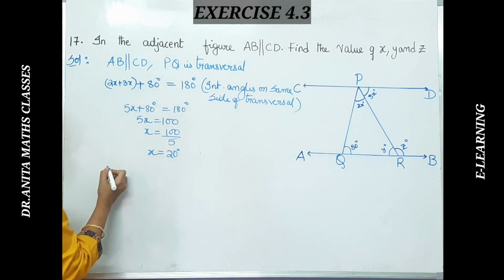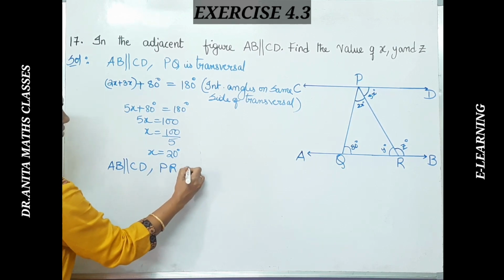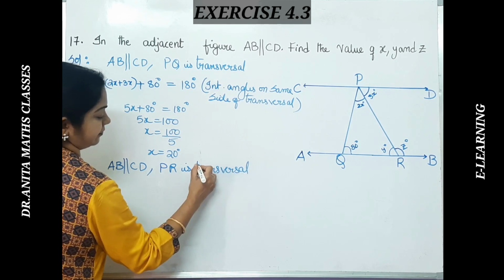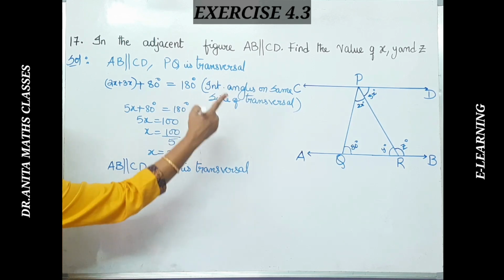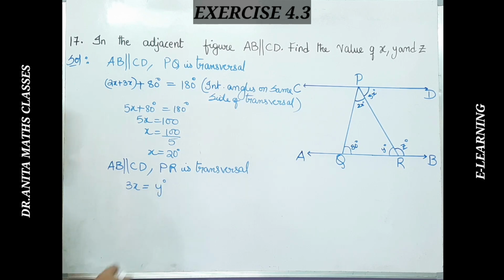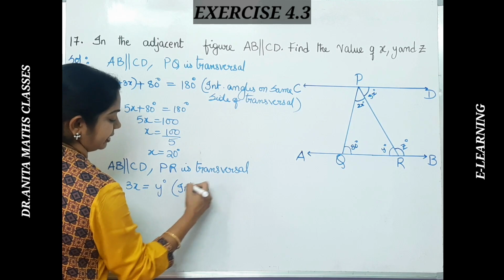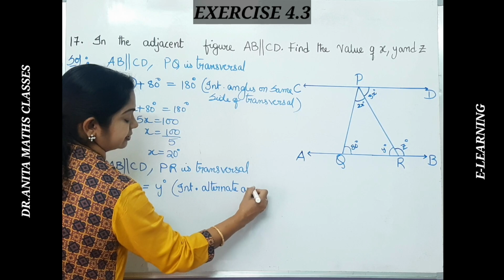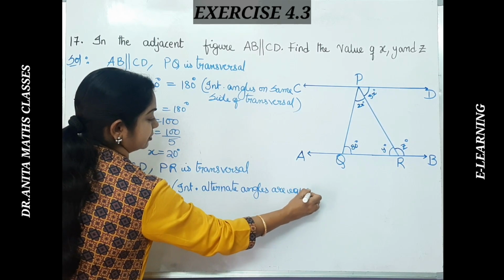Considering PR as the transversal, 3x is equal to y degrees, because interior alternate angles are equal.